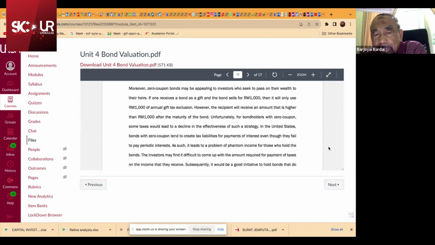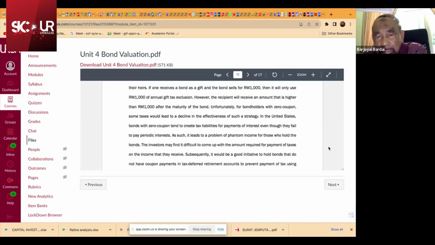So in the US, bonds with zero coupon tend to create tax liability for payment of interest, even though they fail to pay periodic interest. As such, it leads to a problem of phantom income for those who hold the bond.